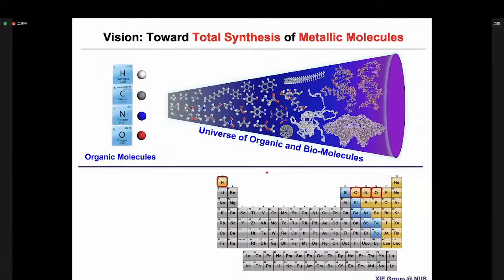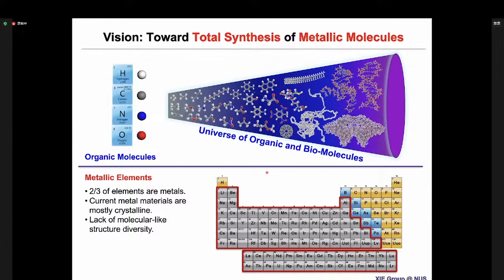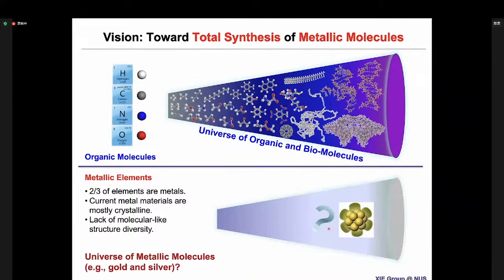But if you check our periodic table, the majority of elements are metals, and these metals are mostly crystalline structures. They really lack what we call molecular-like structure diversity. So our question is, can we use very common metallic elements like gold and silver to create a universe of metallic molecules?